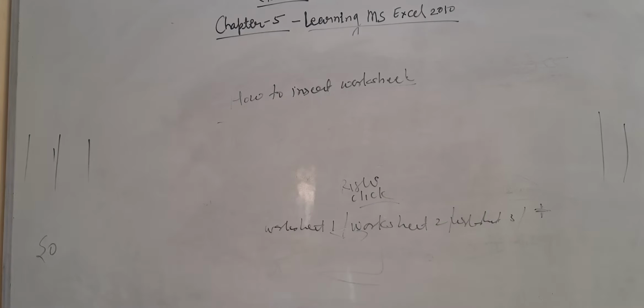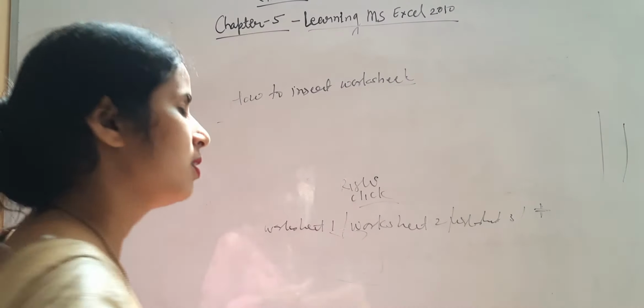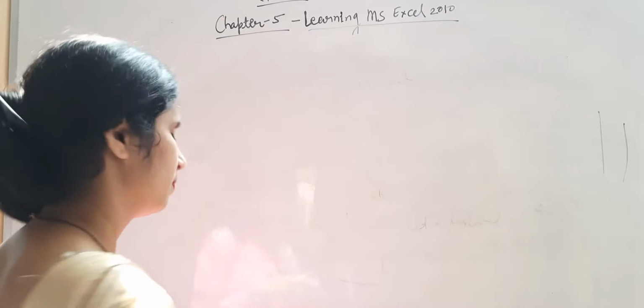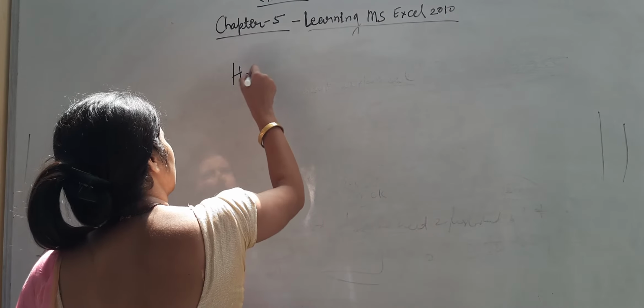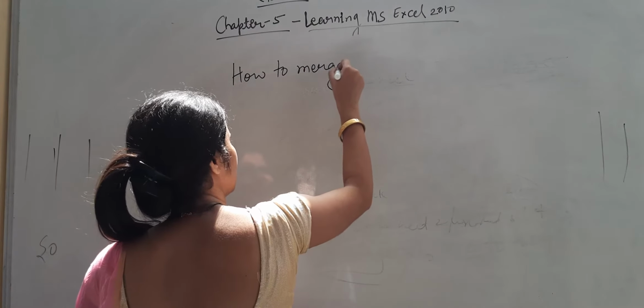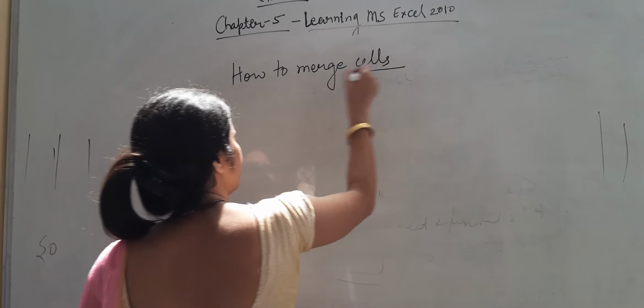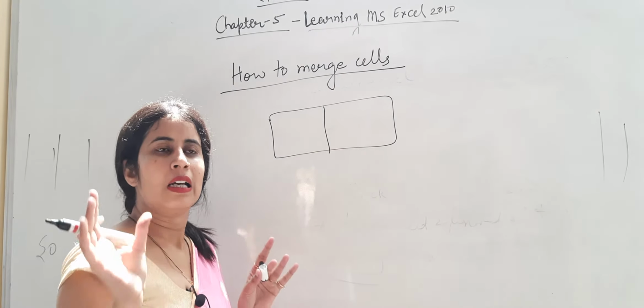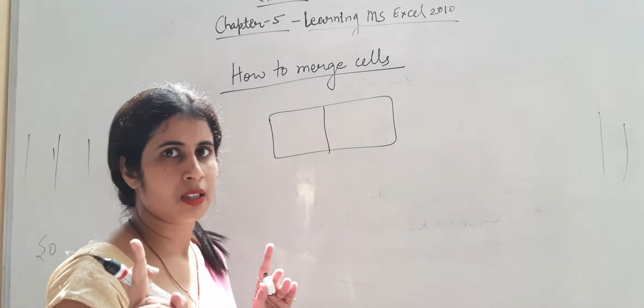The next topic is how to merge cells. What is it? Merge means combine. Suppose I have these two cells and I want to combine all these contents in one.